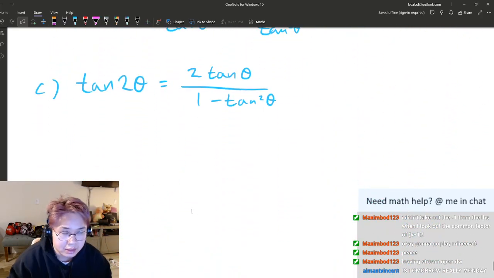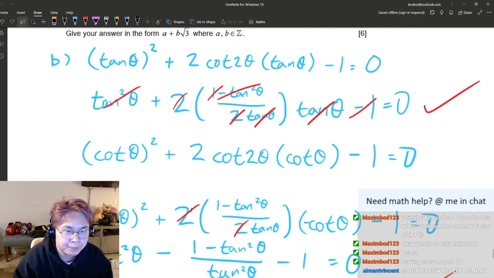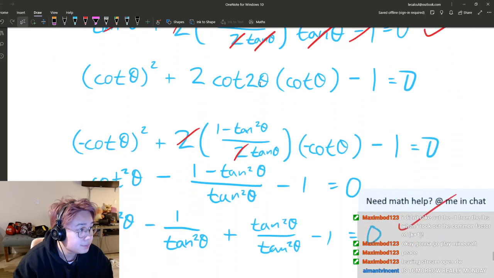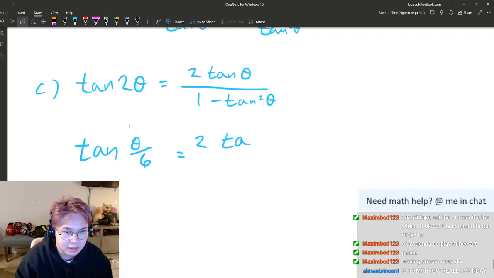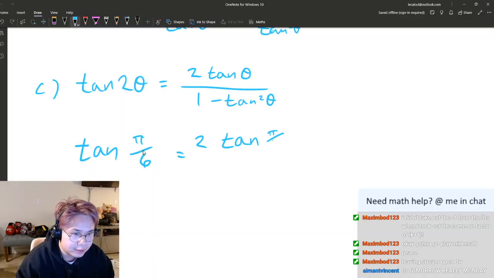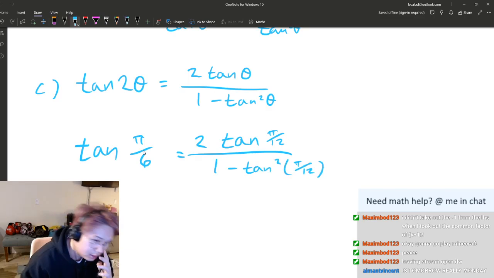So what I'm going to do is take theta as whatever it was, pi over 12. So 2 times pi over 12 is pi over 6, and then this is nice because I can evaluate that. And over here I have pi over 12 over 1 minus 10 pi over 12. Okay, I think I know what to do.